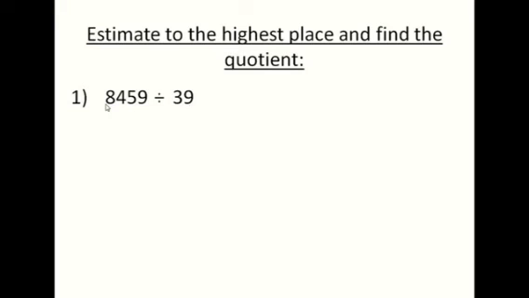So check both the numbers. What is the highest place for them? 8459: units, tens, hundred, thousand. So the highest place is 1000. For 39, units and tens, so the highest place is tens. 8459 you have to estimate to the nearest thousand place, whereas 39 you have to estimate to the nearest tens place.